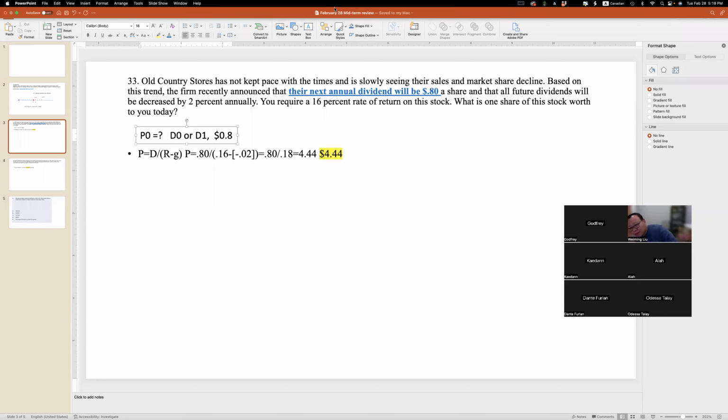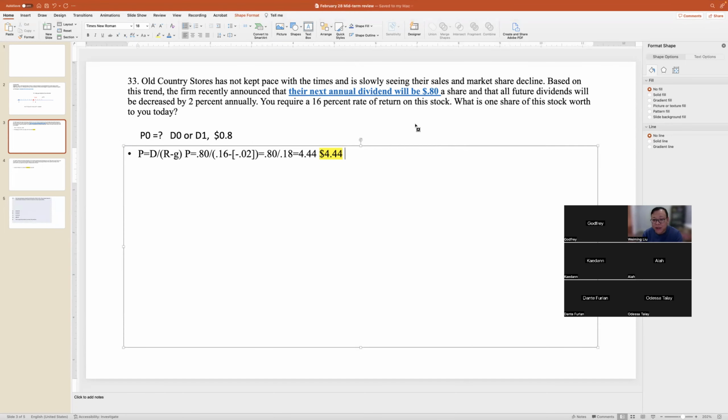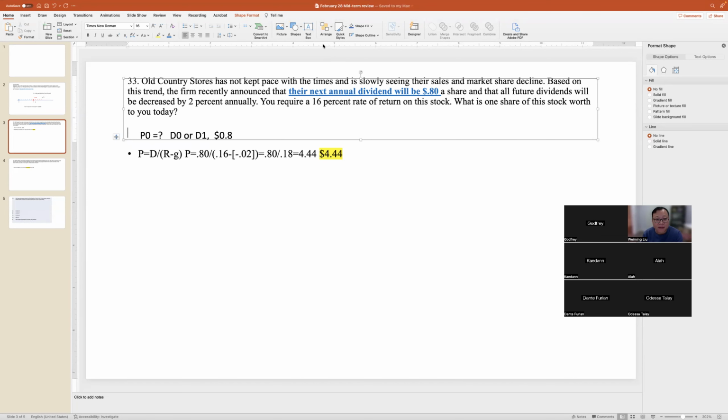Very good. What if I say the firm just announced a dividend of $0.8? In some questions you're going to see different narratives, right?